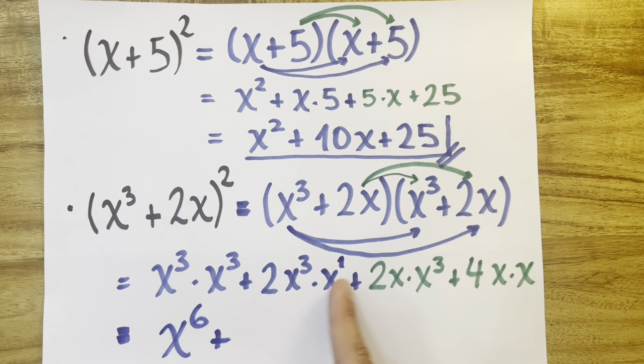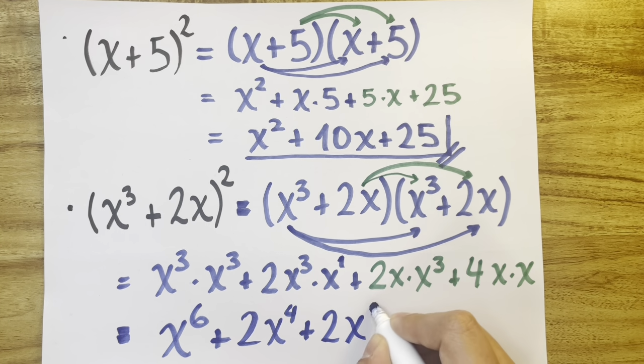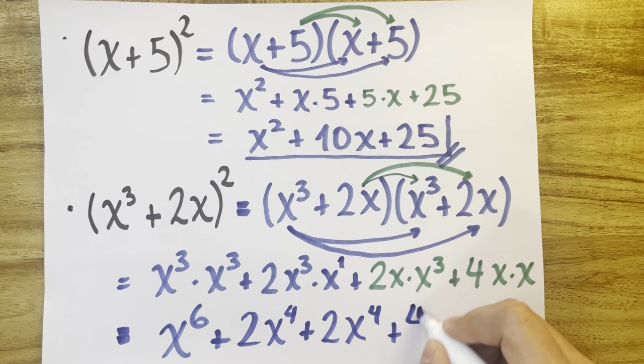So we add the exponents. 3 plus 1 is 4, so we have 2x to the 4. And similarly for the other, we have here plus 2x to the 4. And finally, plus 4x times x, which is the same thing as 4x squared.